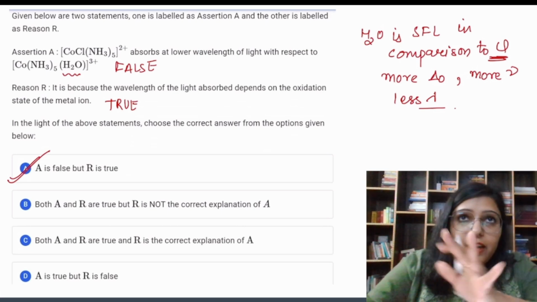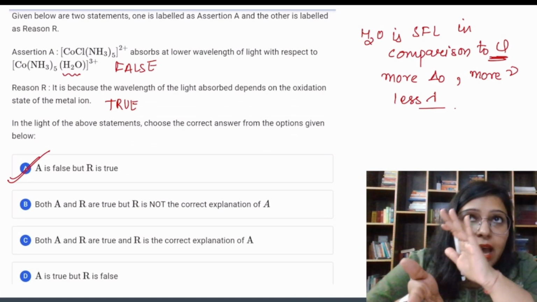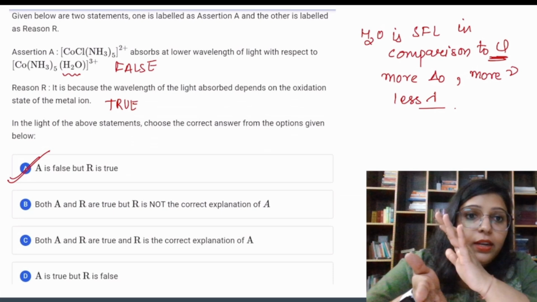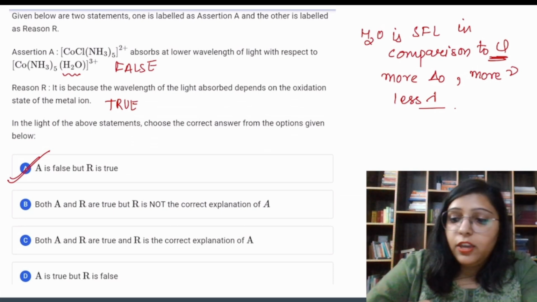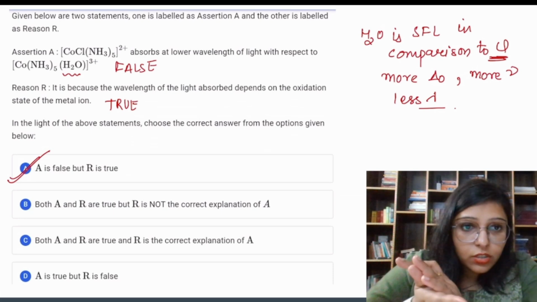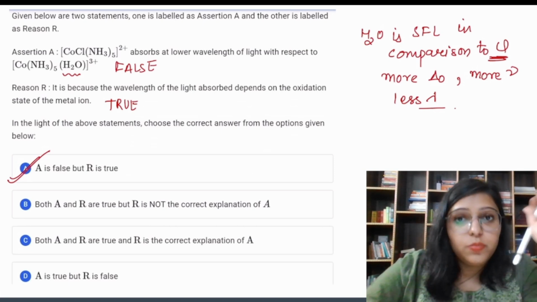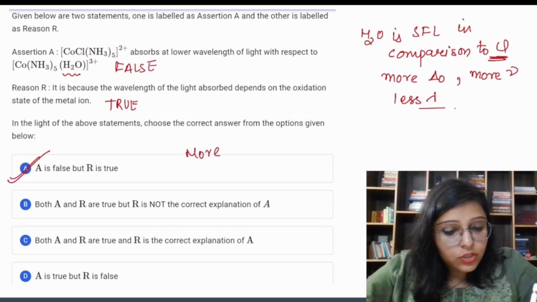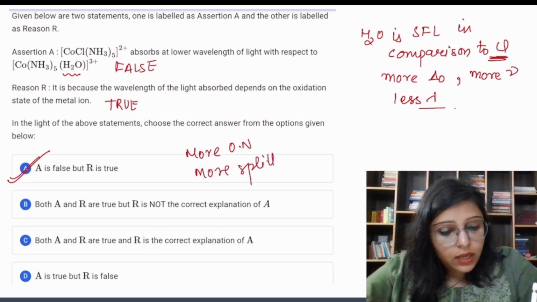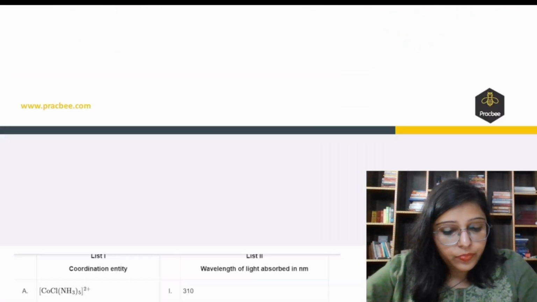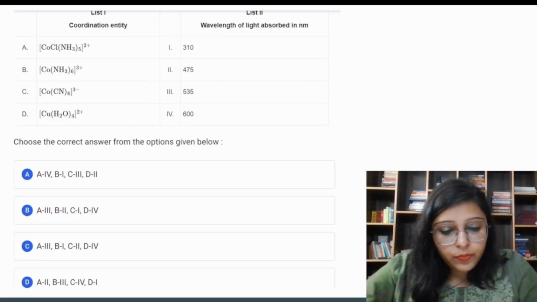The point is if the metal ion has more oxidation number, then it results in more splitting. More oxidation number, more splitting. Not the correct explanation. Assertion is false. Now let's do this question.